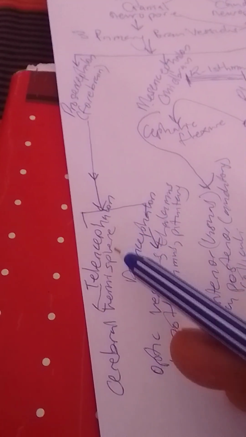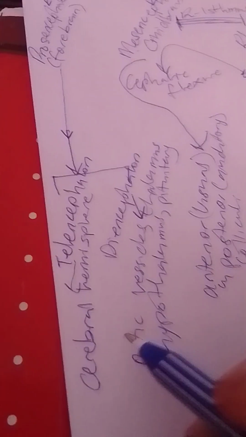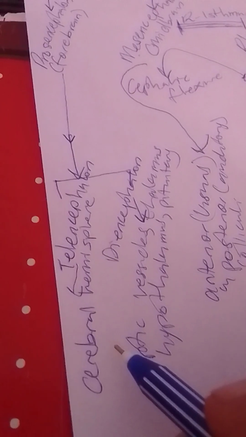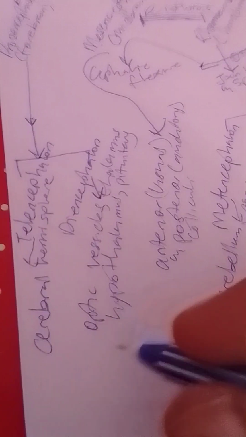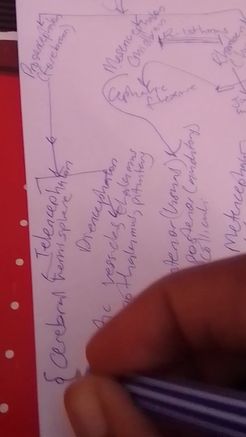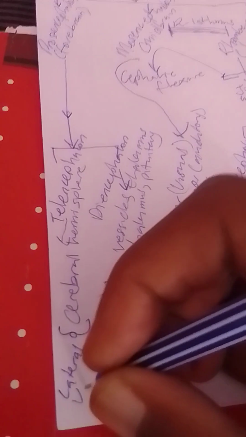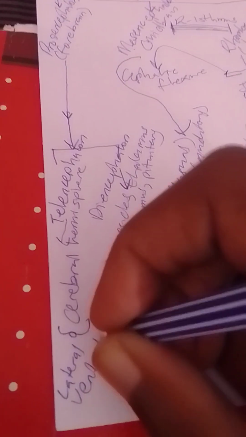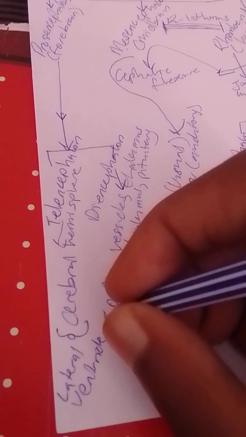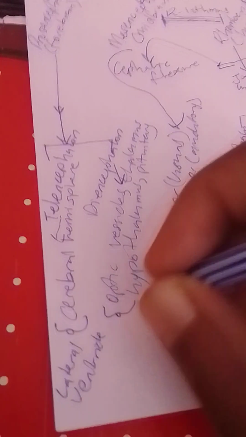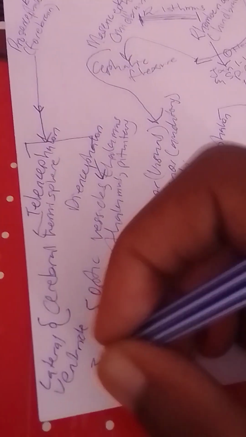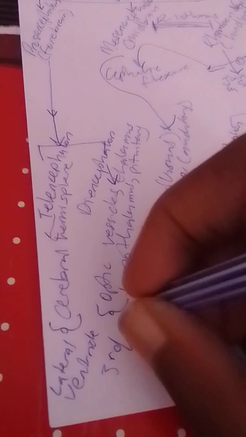And then when we come to the prosencephalon, we're going to see another cavity formed in the telencephalon, that is the lateral ventricle, and the diencephalon is going to give us the third ventricle.